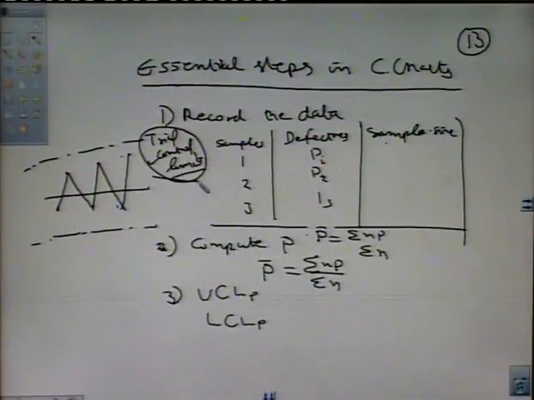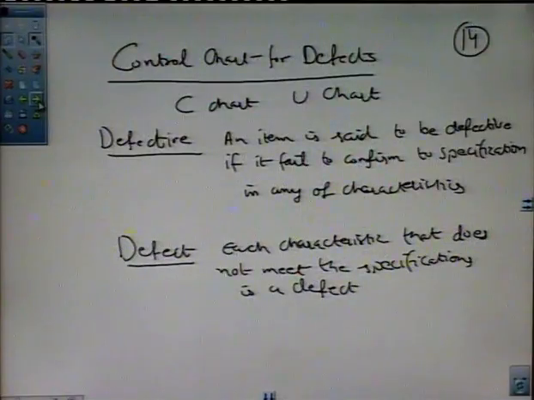Any point falling outside the control limit will be deleted from those particular calculations, and then revised control limits are determined, and finally these steps are continued till we get all the points within the control limit and the process becomes statistically controlled. Then those particular control limits and the P bar value become our final values. Then comes the U chart or the C chart.